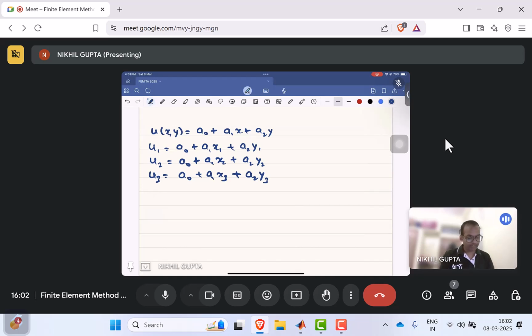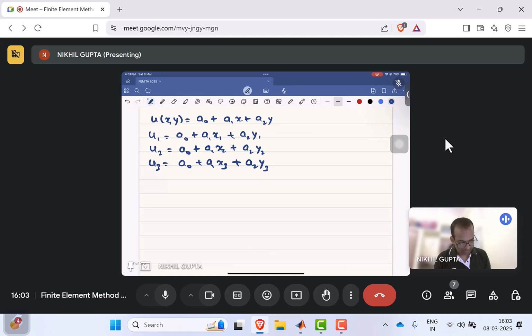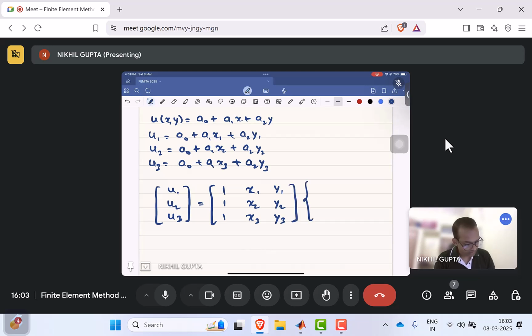I am just putting the coordinates only. So in the matrix form it will be u1, u2, u3, and we can write it as 1 x1 y1, 1 x2 y2, 1 x3 y3, multiplied by a naught, a1, a2.